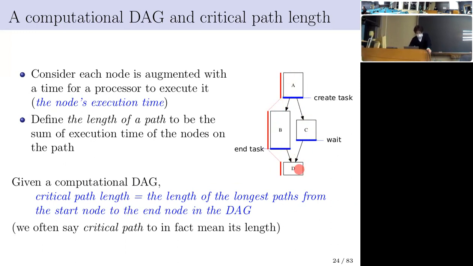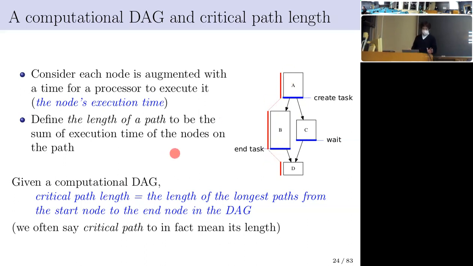The critical path length of the entire graph is whichever is the longer between the two. In this case, if the height of each node represents the execution time of a particular node, then the critical path is the sum of these three red paths.